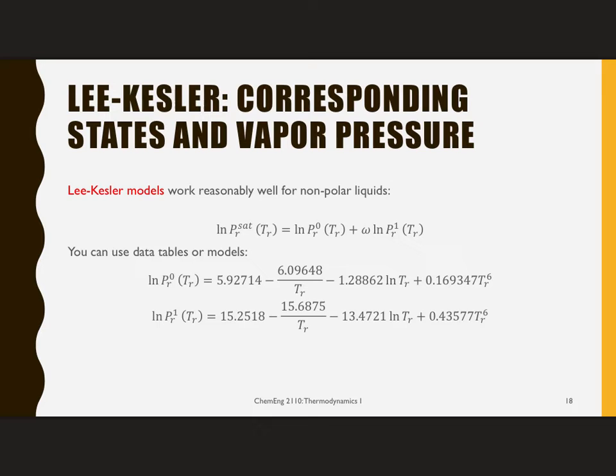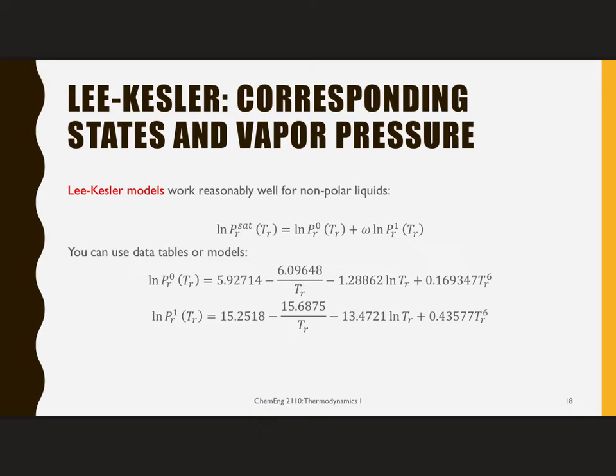This one is done in natural log of the reduced vapor pressure, and you get a zero term when omega is equal to 0, and you get a first term, which is basically when omega is equal to 1, and you add those two together.